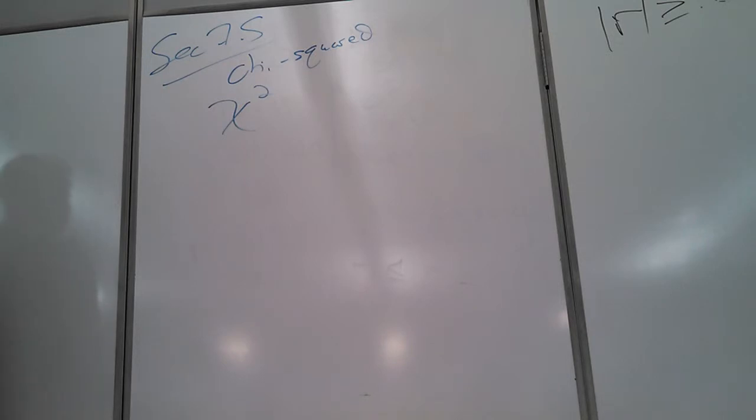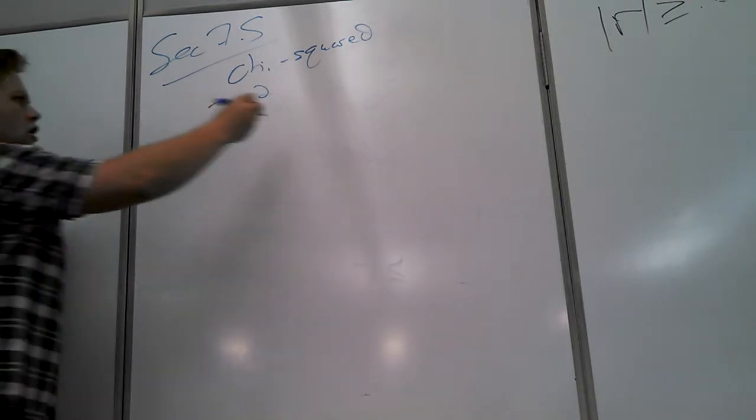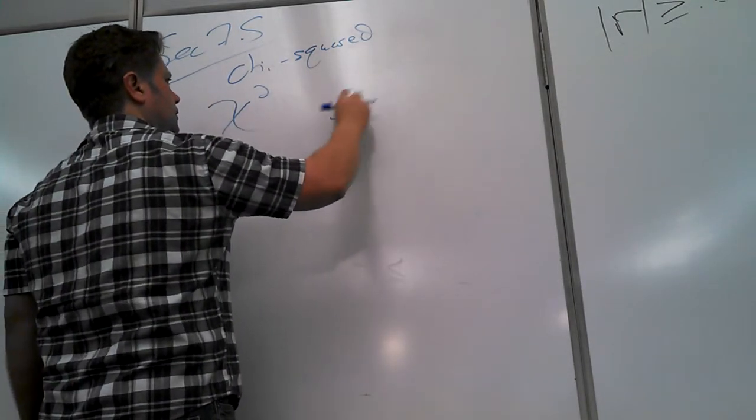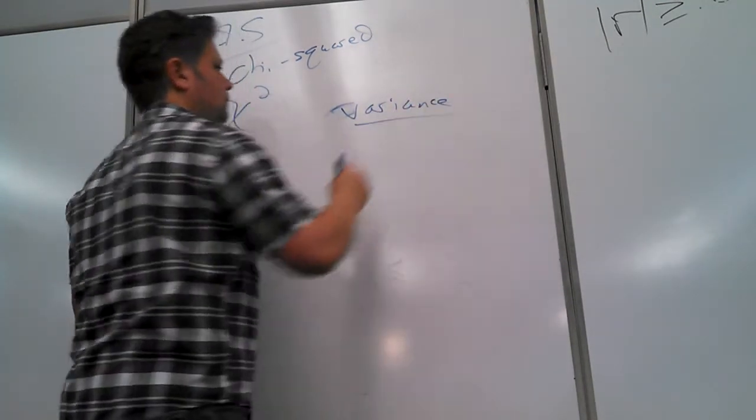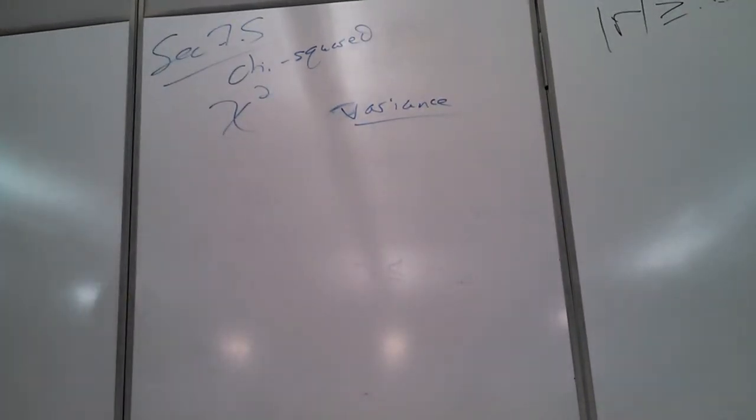So chi-square distribution, one way to create it, if you're talking about variance. Chi-square actually is a more general idea than the normal distribution. Chi-square is able to handle standard deviations.